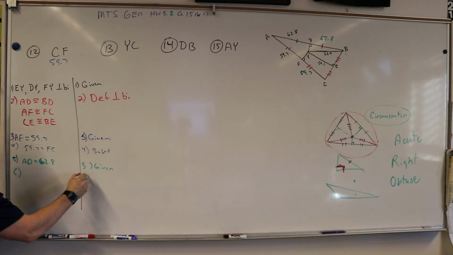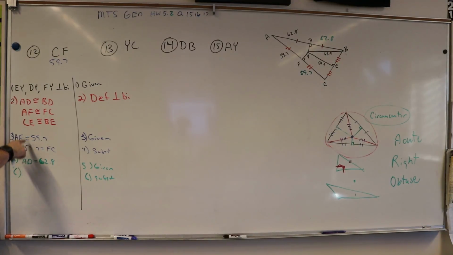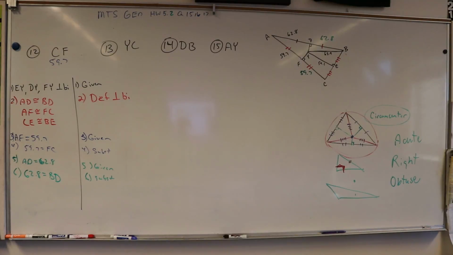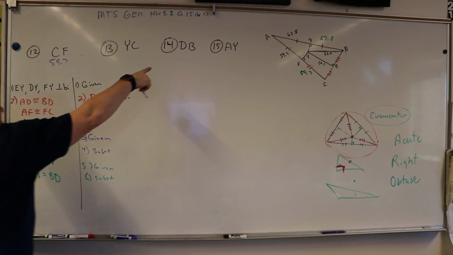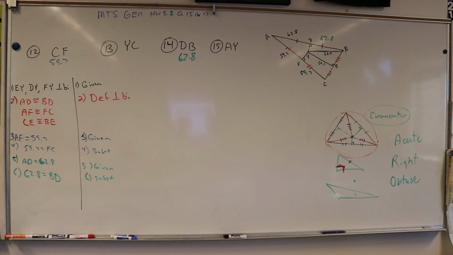So by substitution, I should be able to find that AD, that 62.8, is equal to BD, or DB, which is this. So 62.8. And I have my proof.